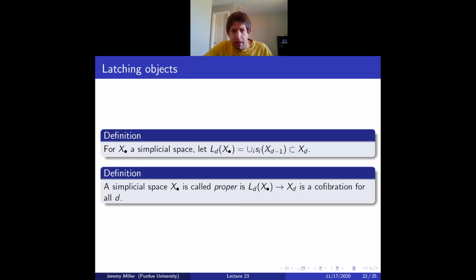Okay, so then we're going to define the d-th latching object as the image.